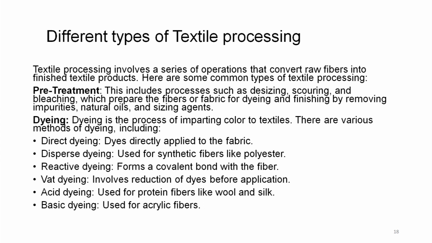Acid dyeing, used for protein fibers like wool and silk, and basic dyeing, used for acrylic fibers. So, there are different methods, but one thing is for sure, that pre-treatment of the grey fabric is a must. After that, any of these dyeing methods can be adopted depending on which type of fabric is present and what needs to be dyed.